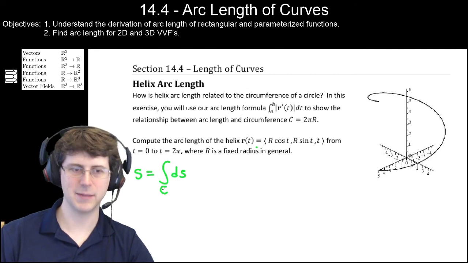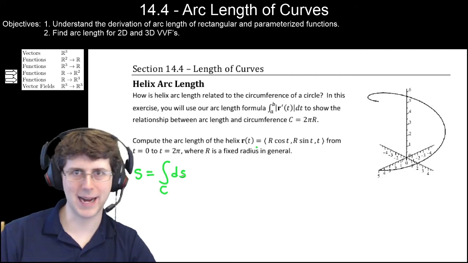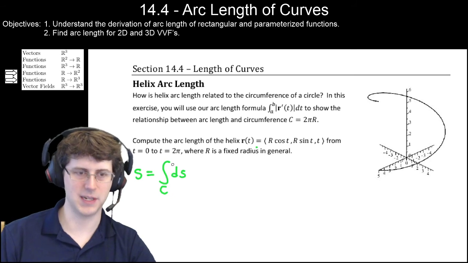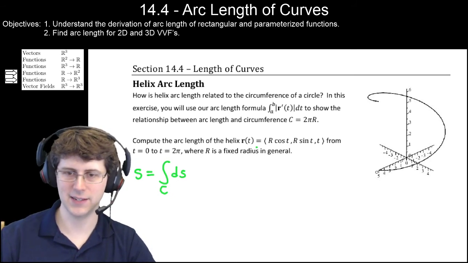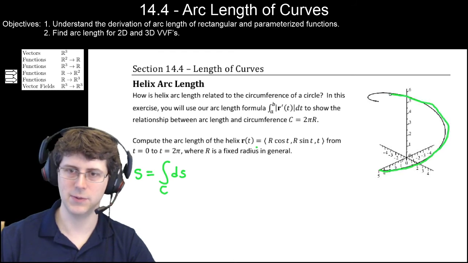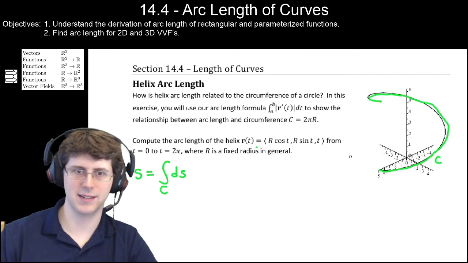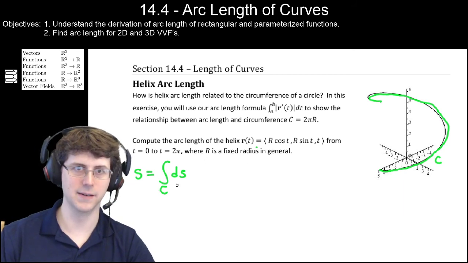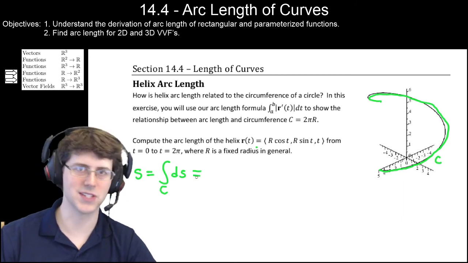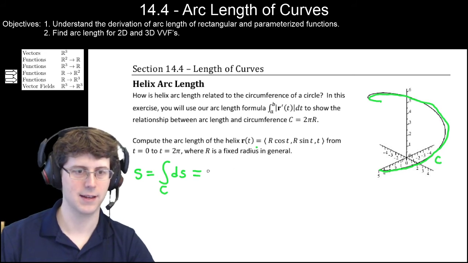Instead of writing bounds, because I don't know the bounds for s, I just know I want to follow this curve. Usually we name curves C, just because it's C for curve. It's not C for circumference. It's something to start to get used to as we approach chapter 15.